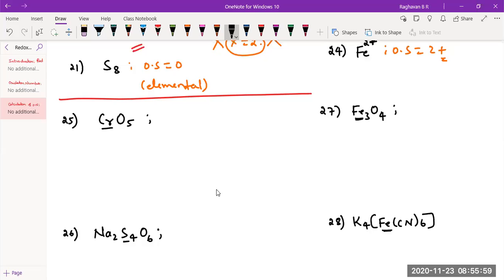If you are getting a fraction, you write it. Yes, sir. Let's see.